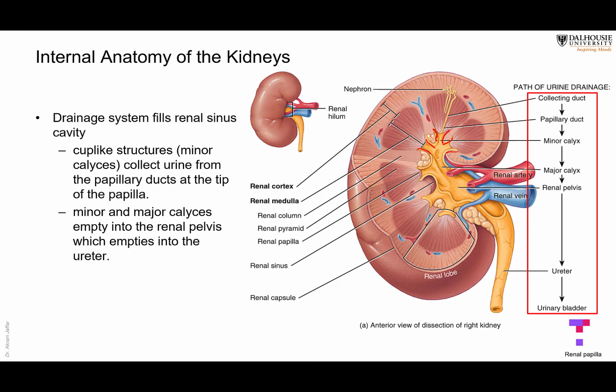They join together to form a larger cup, which is a major calyx. And then 2 to 3 major calyces join together to form what we call the pelvis of the ureter, the distended part of the ureter. Pelvis means like basin, so it's the pelvis of the ureter, and then it's going to narrow down here to form the ureter. So this is the drainage system of the kidney.